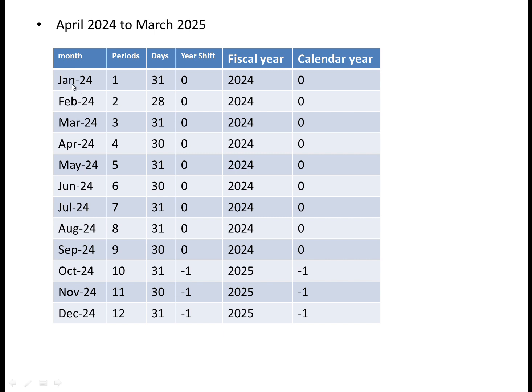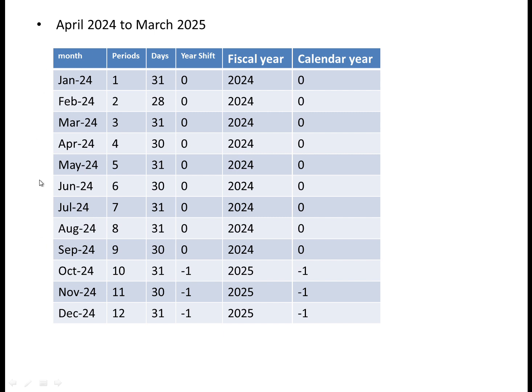Okay, here it is a typo. In the place of January it is April, May, June, July, August, September, October, November, December, January, February, March. Here it is 2024 and these last three are 2025.